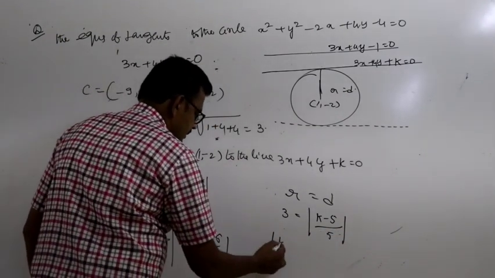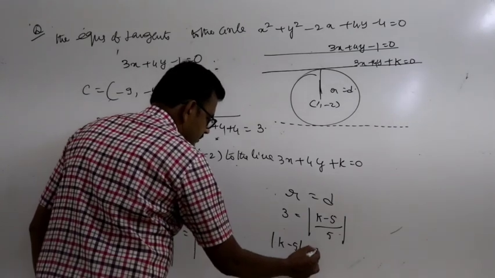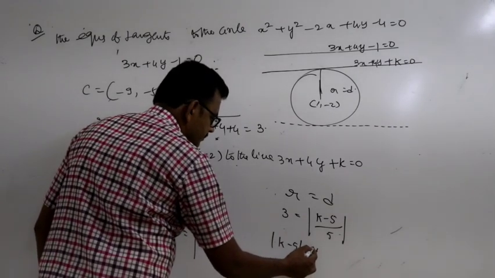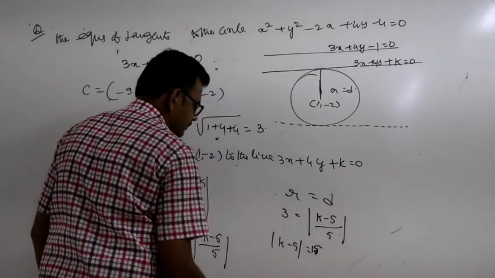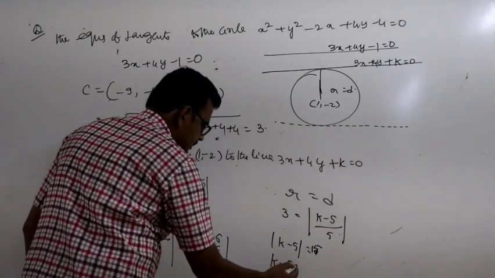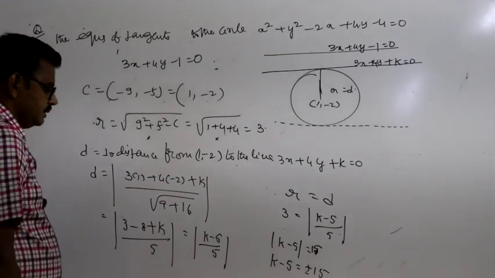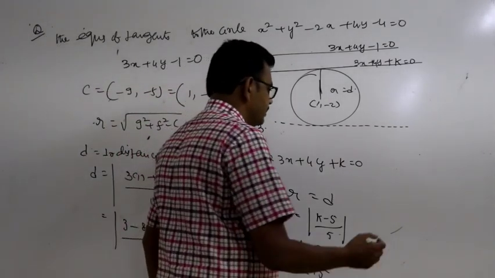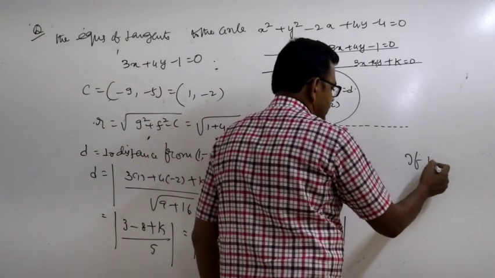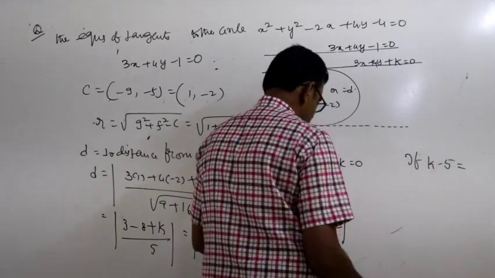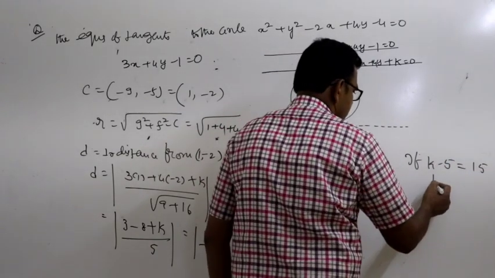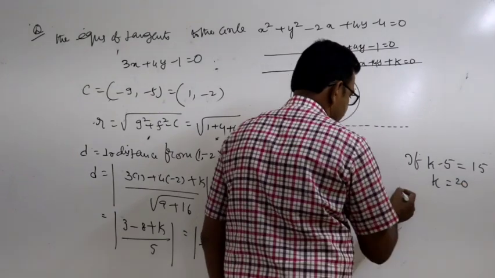So mod of k minus 5 is equal to 15. Therefore k minus 5 is equal to plus or minus 15. If k minus 5 is equal to plus 15, k equal to 20.